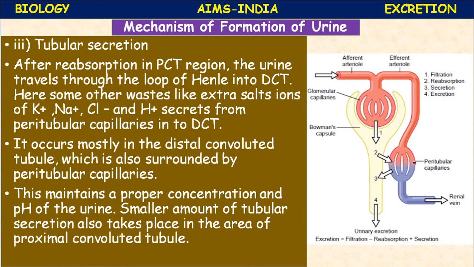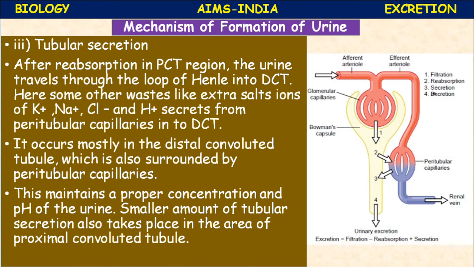See here, peritubular capillaries. So here the numbers represent the steps. The first step is filtration. Glomerular filtrate is formed. The second step, in the proximal convoluted tubule, reabsorption takes place.